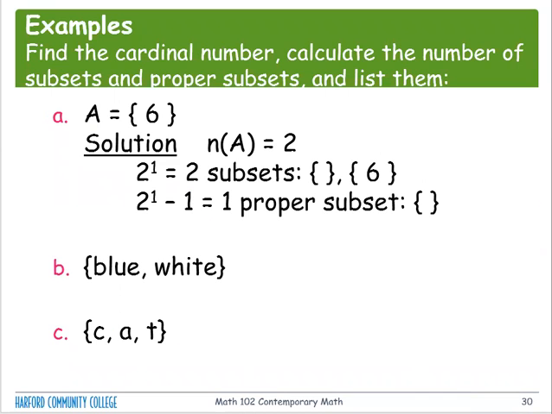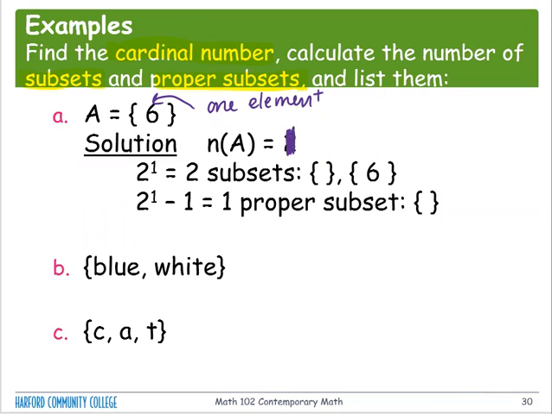For this example, we're going to find the cardinal number first, and then calculate the number of subsets and proper subsets, and list them. For the first part, the set A contains the member 6. Since n(A) equals 1, sorry, that's a typo, it's supposed to be 1 here, because there is only 1 member or element.